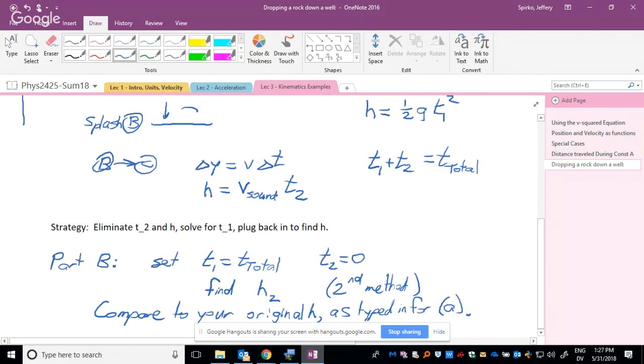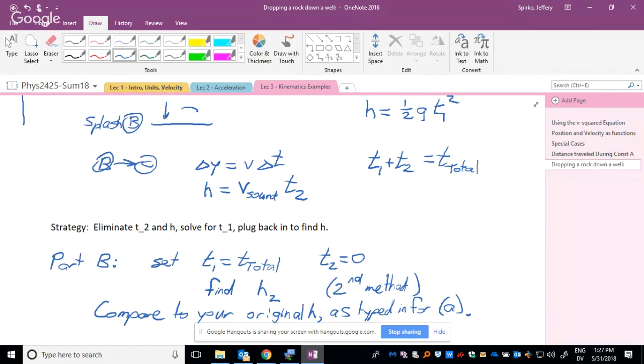You have to compare it to your original h as you typed it in for part A. So if you rounded your answer for part A, you have to compare this h2 to the rounded value that you typed into WebAssign, not to the fully accurate multi-decimal place value you still have in your calculator for when you did part A.